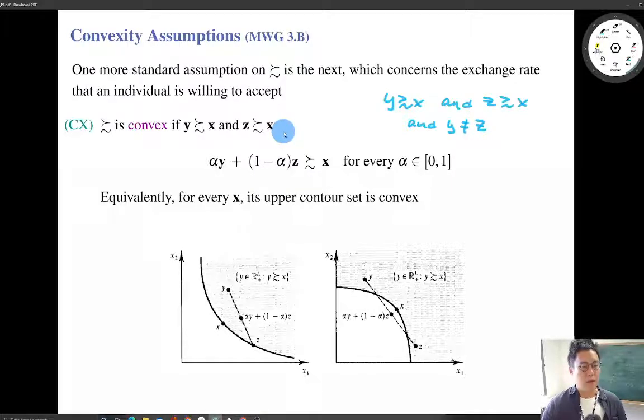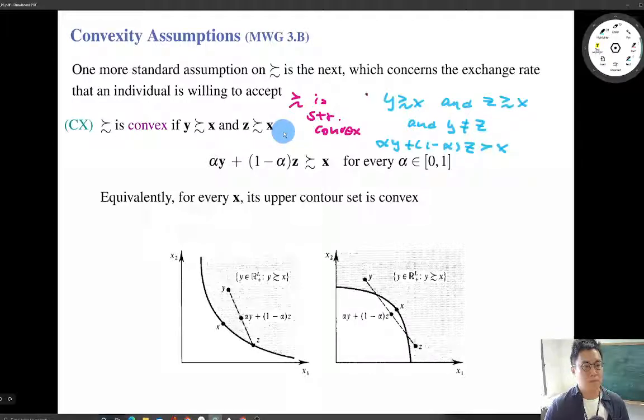Then the linear combination of y and z, alpha times y plus 1 minus alpha times z, is strictly better than bundle x. Then we say the preference relation is strictly convex. So the key is this strict one.